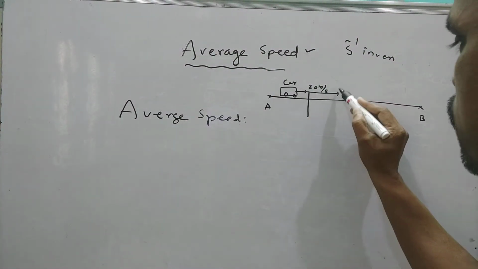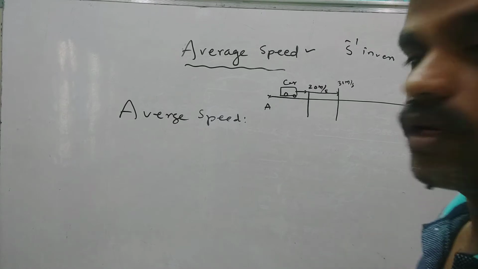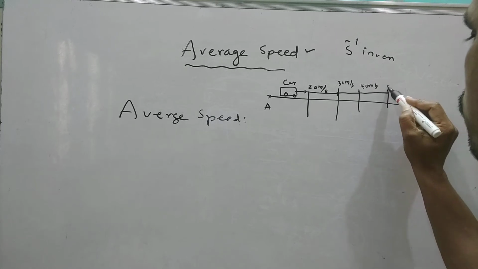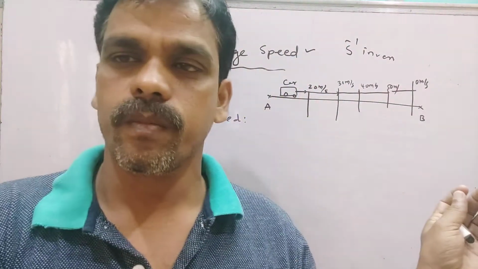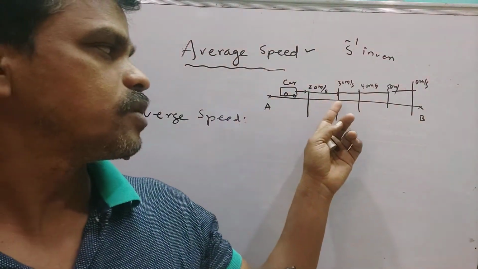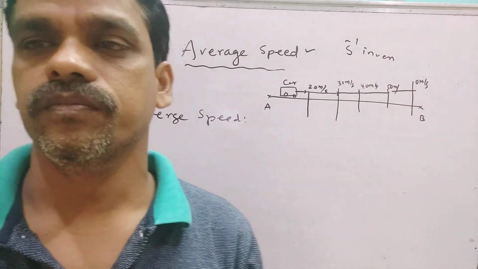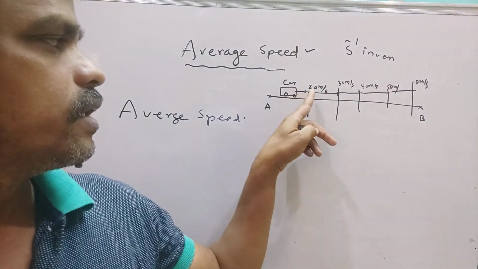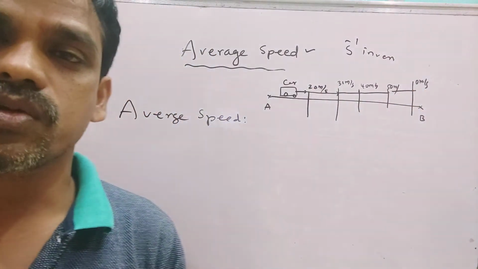Then it is moving, at this point I checked 30 meter per second, at this point 40 meter per second, at this point 50 meter per second, at this point 0 meter per second. It started with 20 meter per second, then 30, and finally it has no speed.